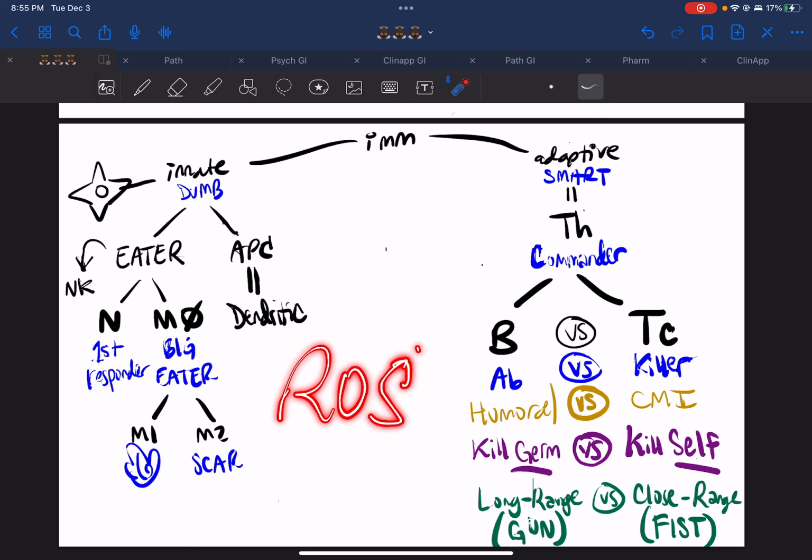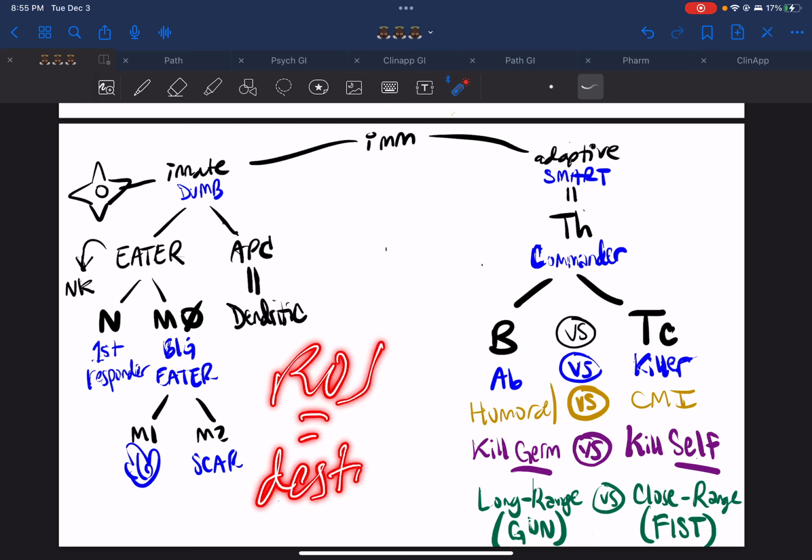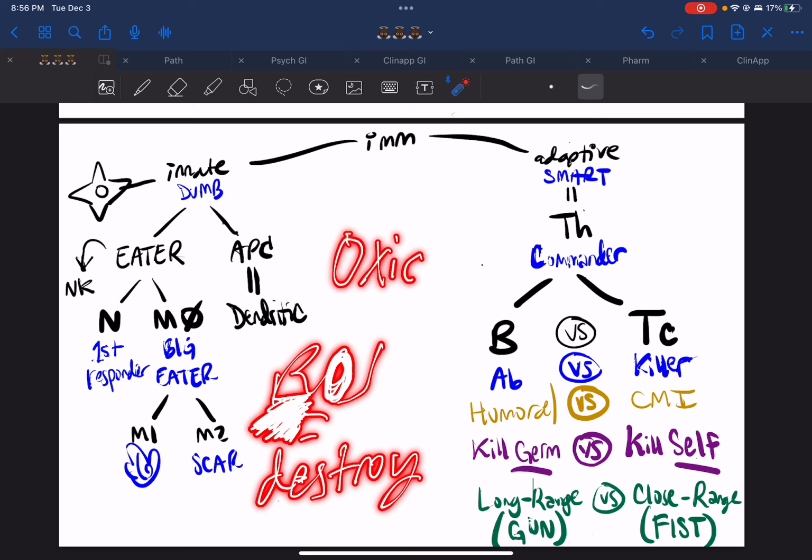It just burns and destroys things. When you see ROS, that equals destroy, degrade, break down. It's just like fire, because reactive oxygen species, reactive means it reacts with things. It's very volatile. It destroys things. And oxidative literally means like fire, destroy.